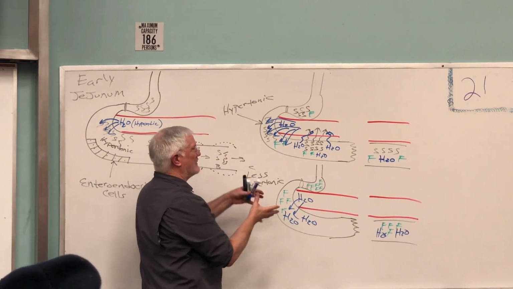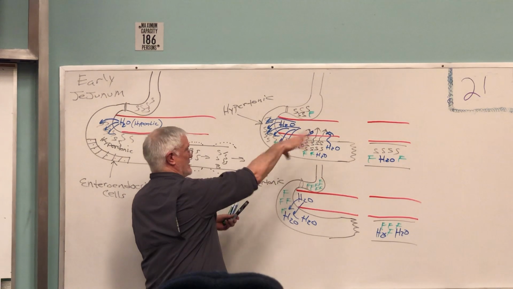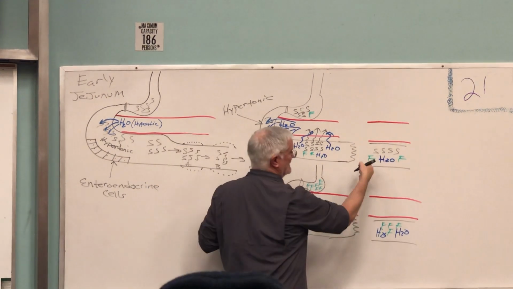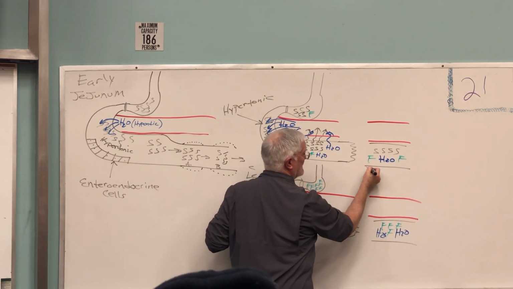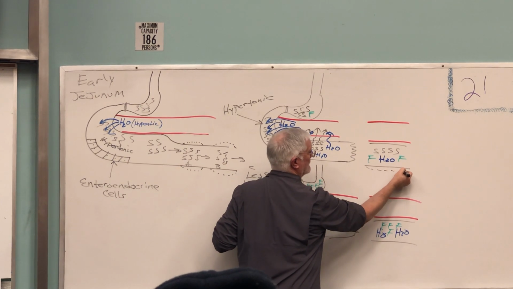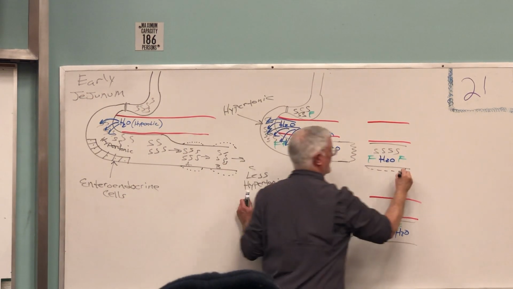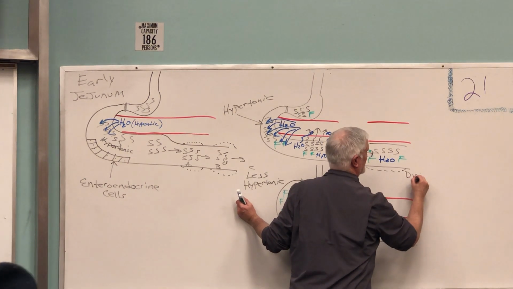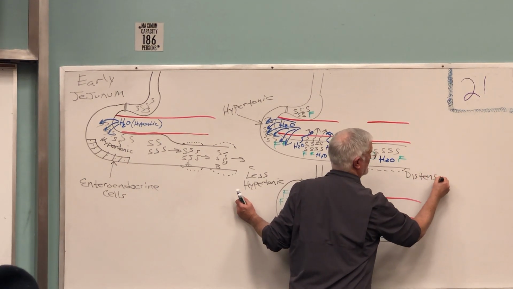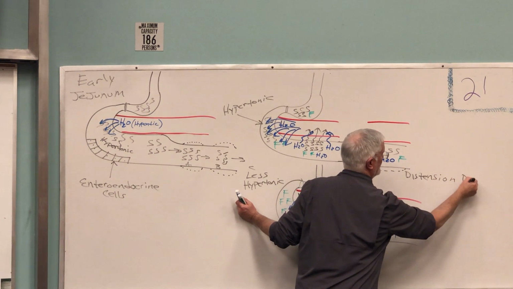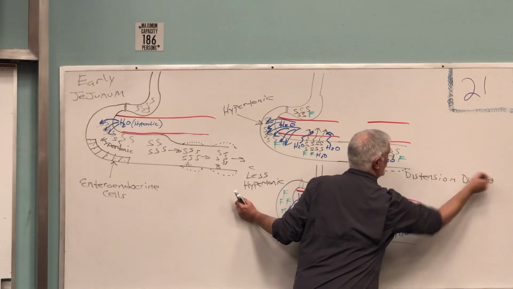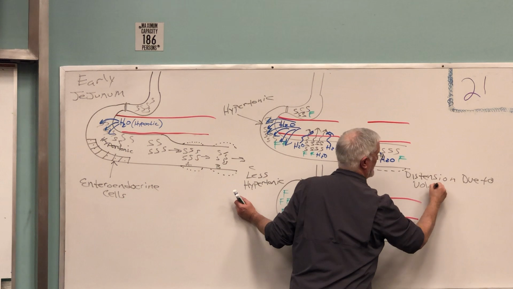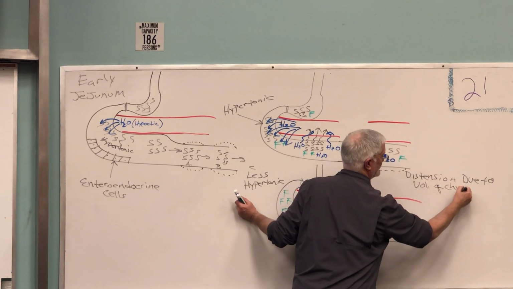So if I compare the amount of distension without having to redo the diagram, let's just do it down here, right? This would be the amount of distension maybe I get due to the volume. Distension due to volume of chyme.